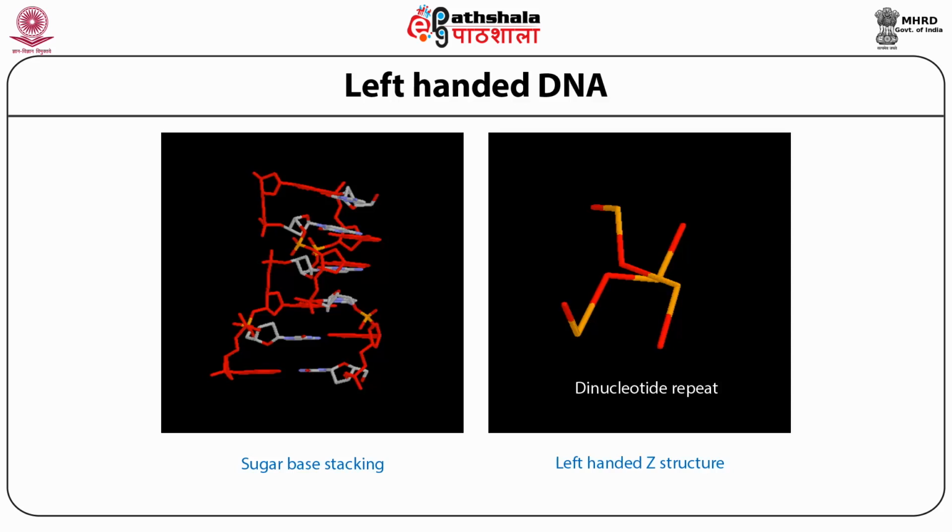The sugar-base stacking is a very unique property of left-handed DNA structure. In another right-hand side picture, we show only the backbone trace of a dinucleotide. And you can see it makes something like the letter Z. That is why it is called left-handed DNA structure.